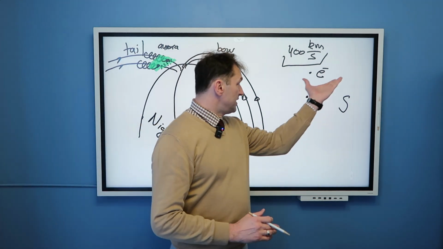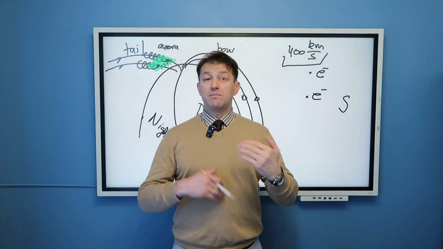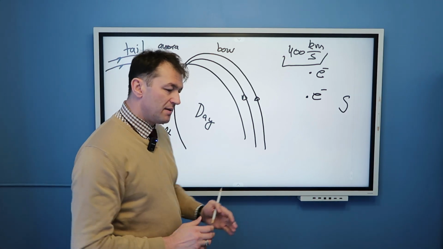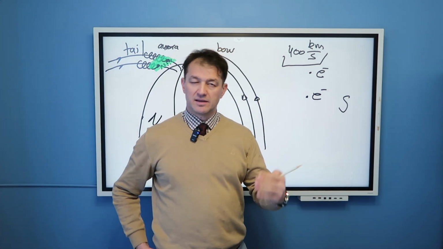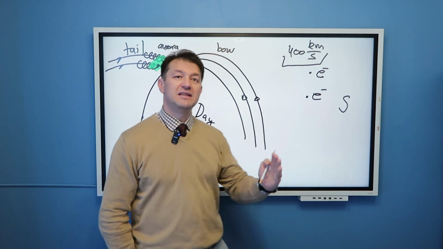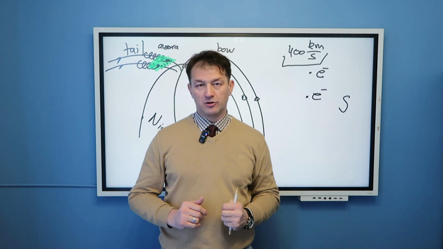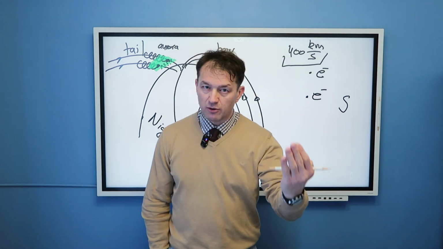You see, if these electrons do not have high speeds, then maybe they will still excite these molecules and atoms, but when they de-excite, the energy that they emit in the form of radiation is not high enough to be in the visible part of the spectrum. Perhaps it is in the infrared part of the spectrum or the microwave part of the spectrum, and we cannot see it with our eyes.